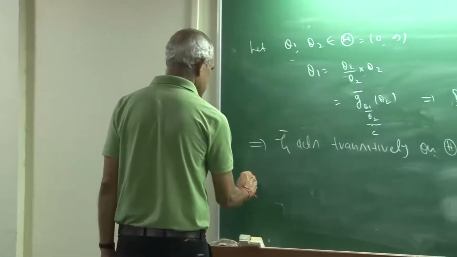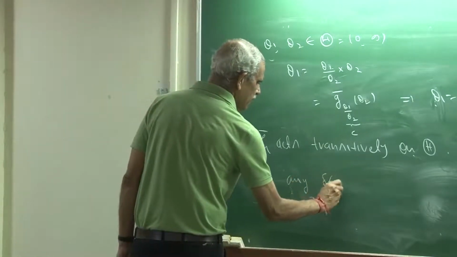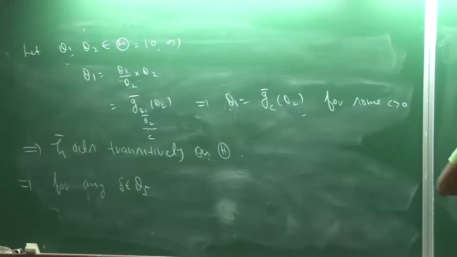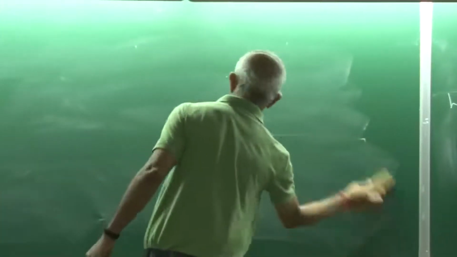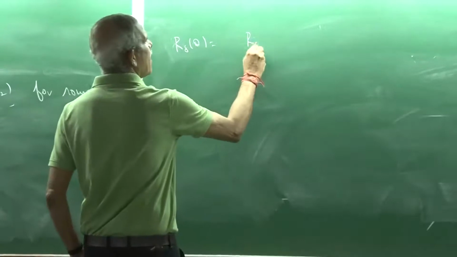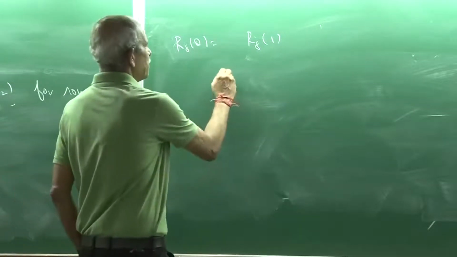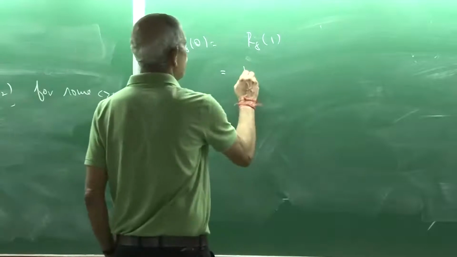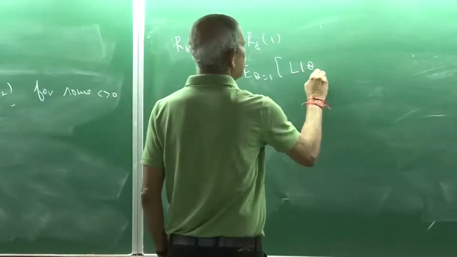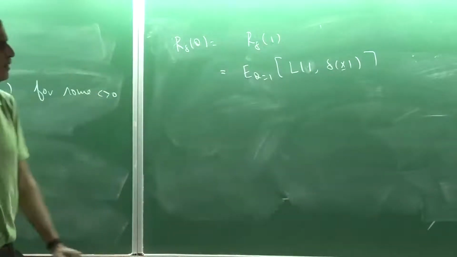So this implies that for any delta belongs to di, r delta theta is same as r delta 1, which is nothing but expected value at theta is equal to 1 of L theta W x, but my theta is 1, so L1 because risk at the point theta is equal to 1.